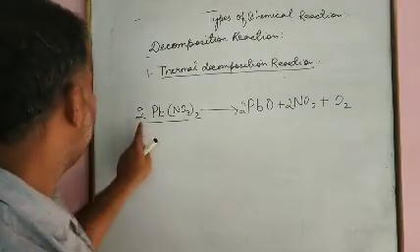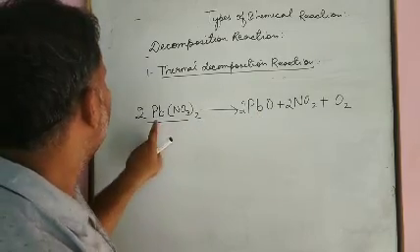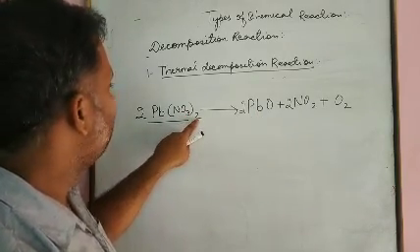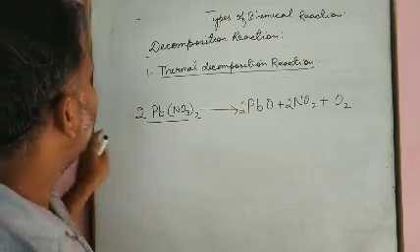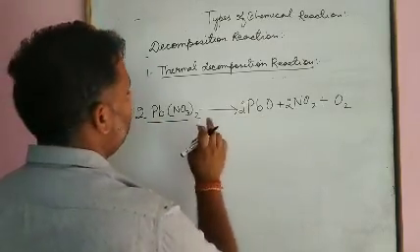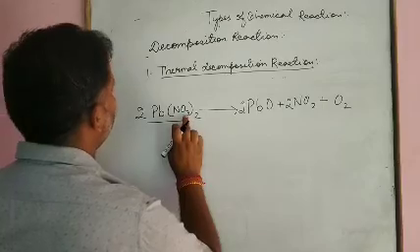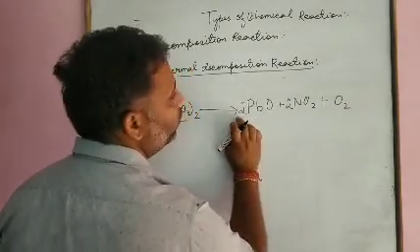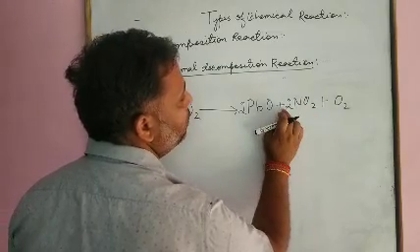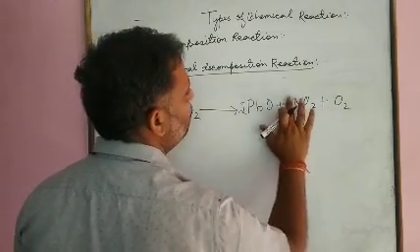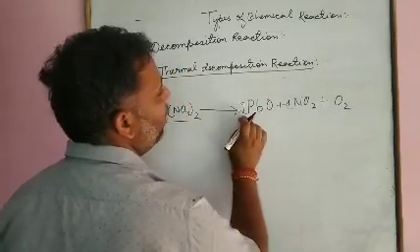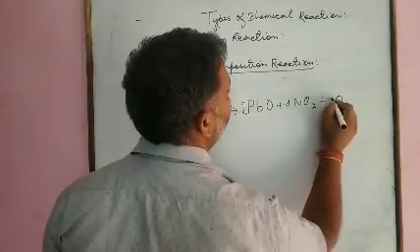What do we see here? 2 Pb. Oxygen, 3 twos are 6, 6 twos are 12. How many oxygens are there on the other side? 2, 4, 6, 8, 10, 12.